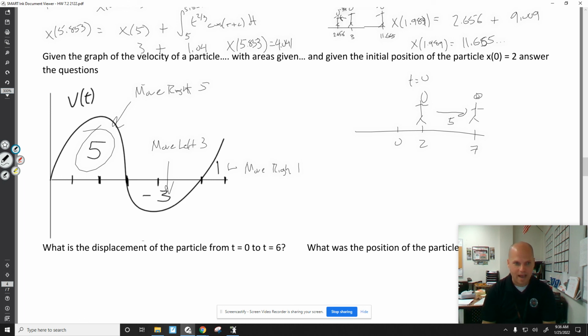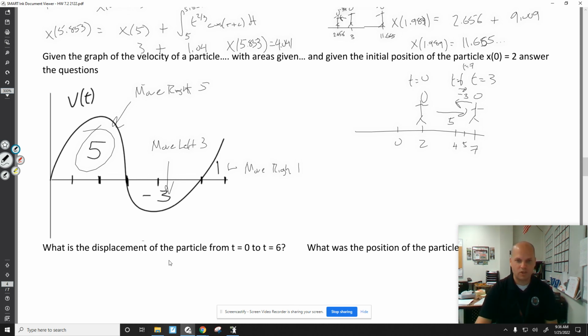That'll be at 3 seconds. Then I'm going to move to the left 3, which means I'll be at a position of 4 after 3 more seconds. And then I'll move right 1, ending up at a position of 5 after 7 seconds.